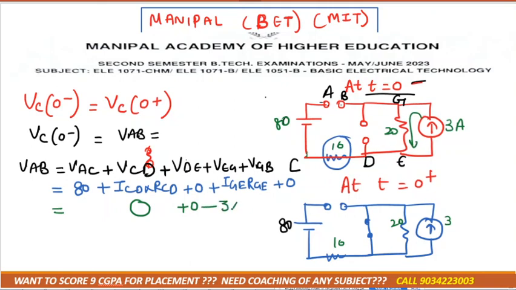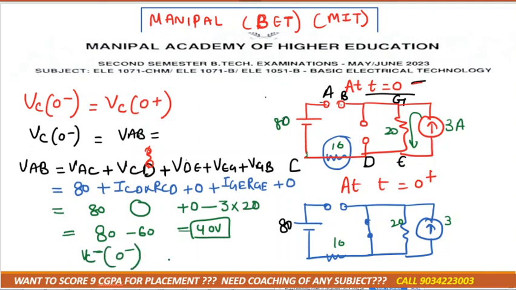What will we write down? Minus 3 into 20, and 80 will remain as it is. So final answer we get as 80 minus 60, that is equal to 40, correct? So we got the value for V minus, that is equal to V plus, that is equal to 40.